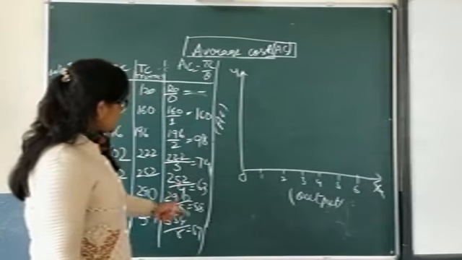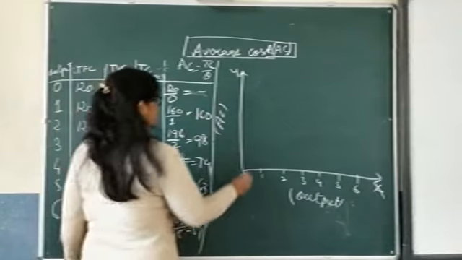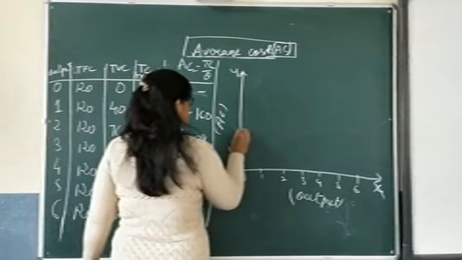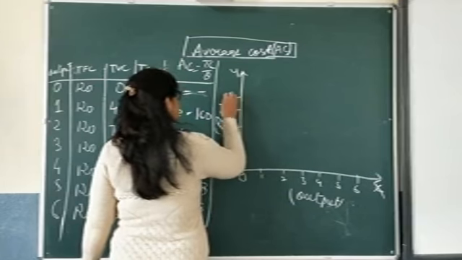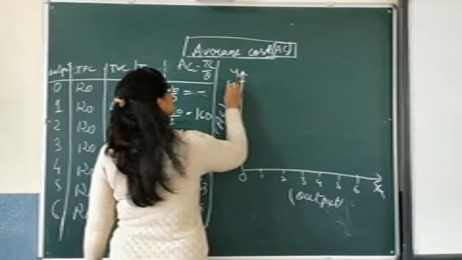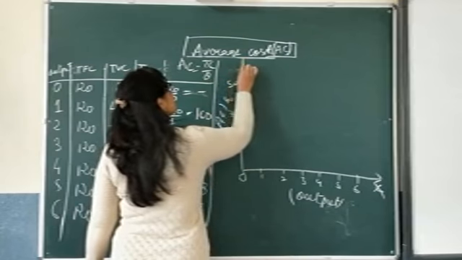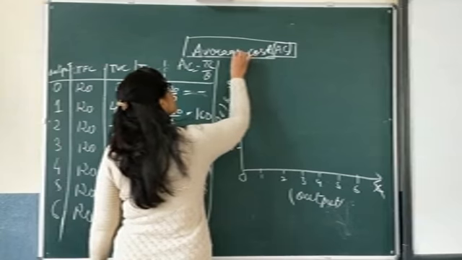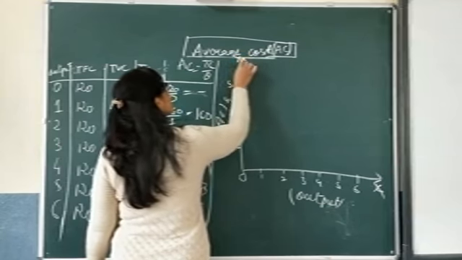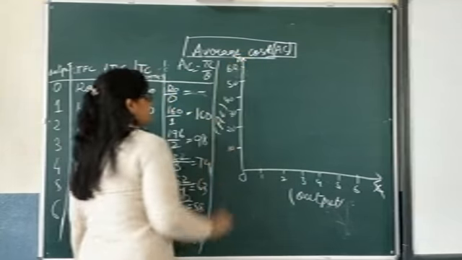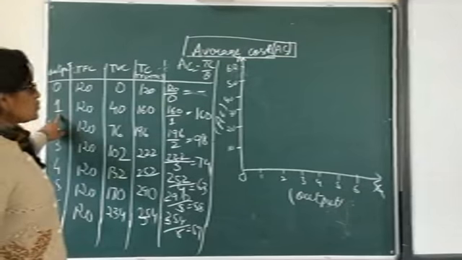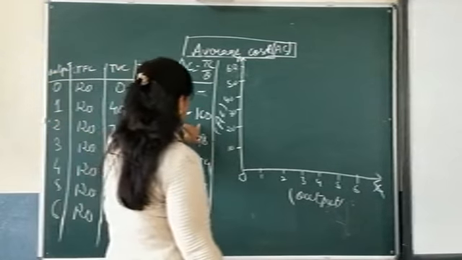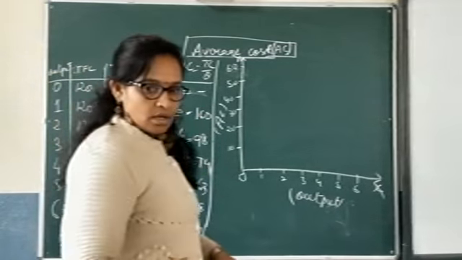Okay, now you see AC, I will take a gap of 10. Is it clear? So when it is 0, first output it is 160. Okay, we have to put in 160.